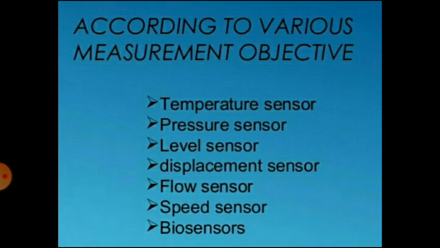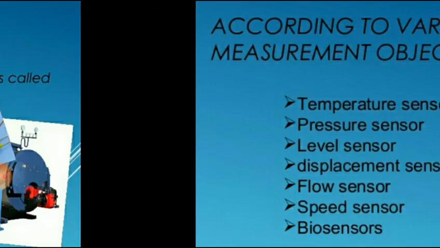Then the next category, the classification according to the various measurement objectives. Different types of sensors are temperature sensor, pressure sensor, level sensor, displacement sensor, flow sensor, speed sensor, and biosensors.